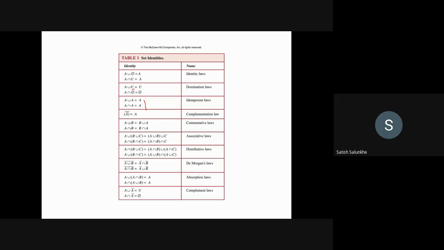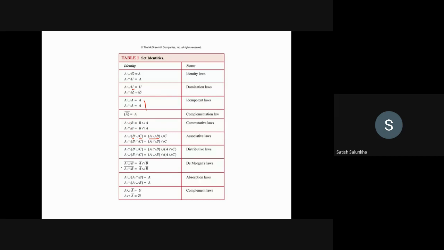Associative law is with respect to three sets and the same operator. A union B union C: whether you perform this first and then union with C, or you perform the other first, both are the same. Distributive law involves three sets and two different operators. So A intersection (B union C) is equivalent to (A intersection B) union (A intersection C). If you open this up, the inner operator becomes the outer operator and the outer becomes the inner.